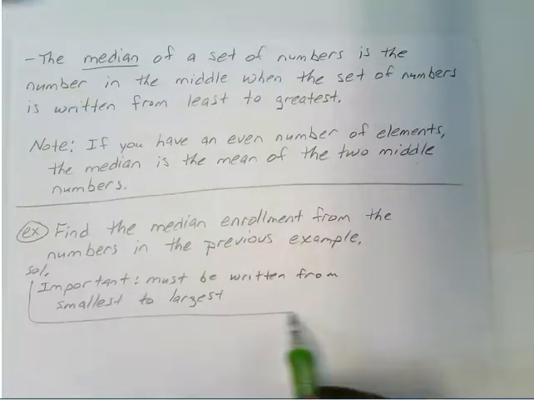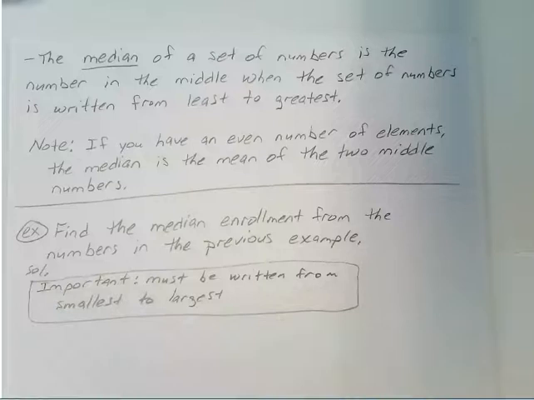That's the only way you can get the median. You can't just put them down randomly and then pick the one in the middle. It has to be listed from smallest value to largest value.